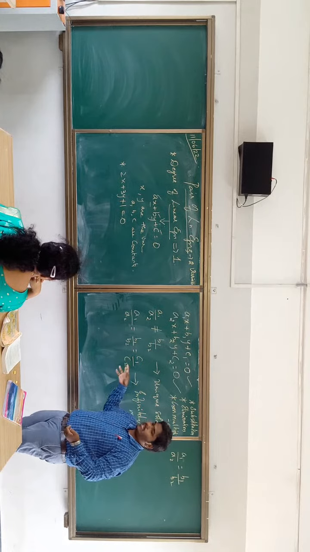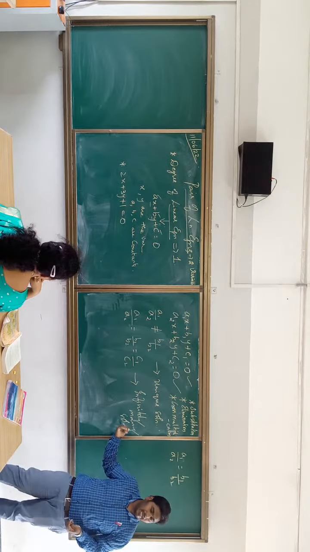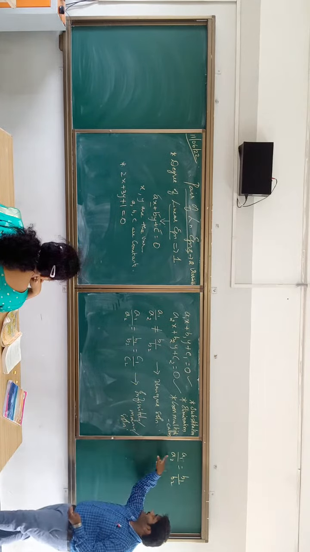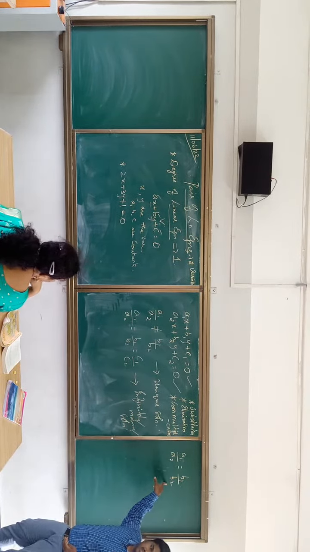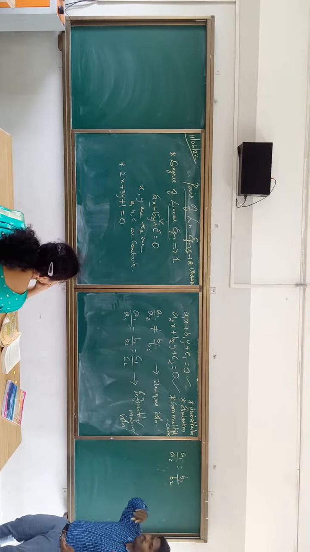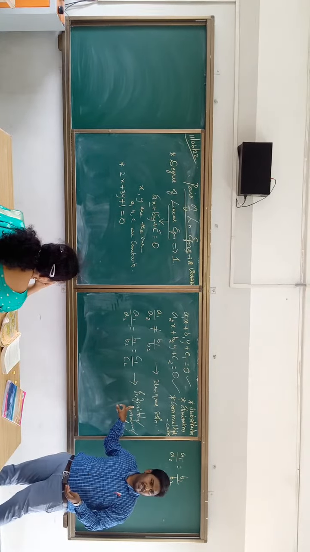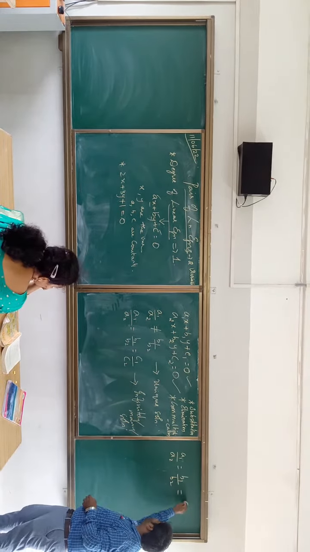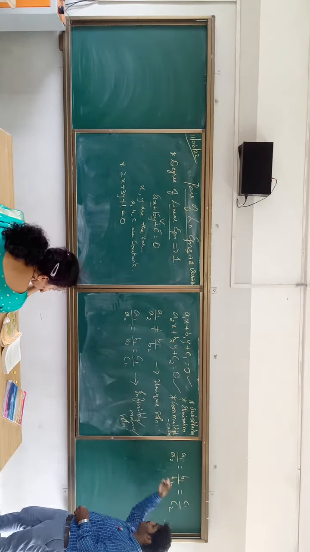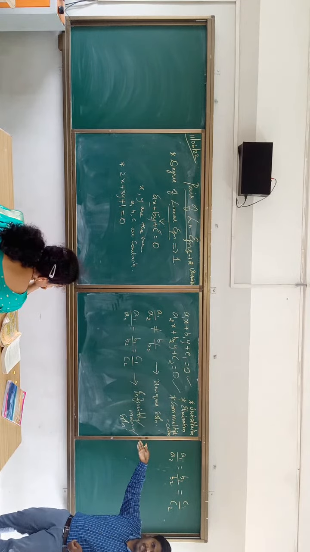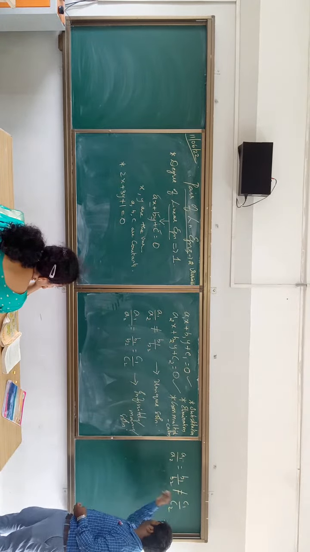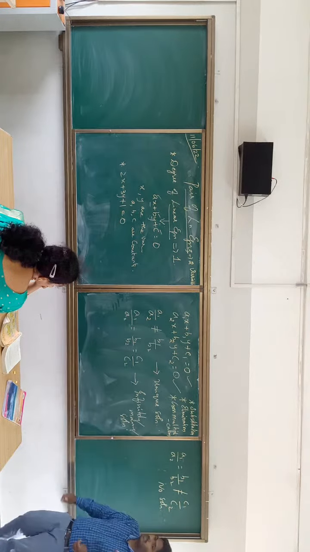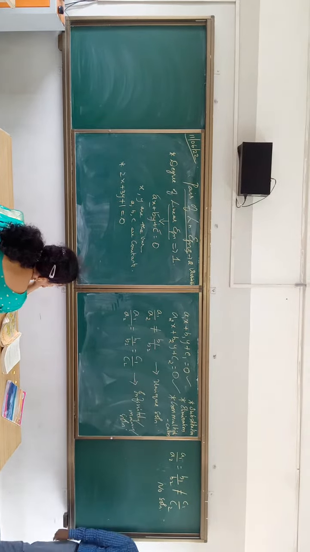Here all three are equal, so you can state it as infinitely many solutions. But in the case a1 by a2 equals b1 by b2, the ratio is equal, so you can conclude it has infinitely many solutions, but you have one more option, that is c1 by c2 being equal or not equal. If it is equal, it is obviously infinitely many solutions. But if it is not equal, it has no solution. Is there any doubt? Hope you people can understand.